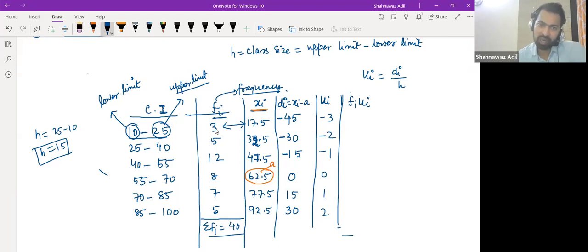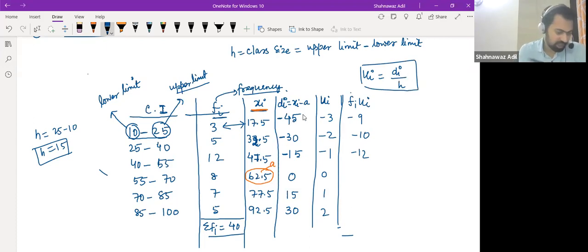After that, we calculated Ui, and Ui is Di divided by h. Di is minus 45, so minus 45 divided by 15. So this is minus 3, right?